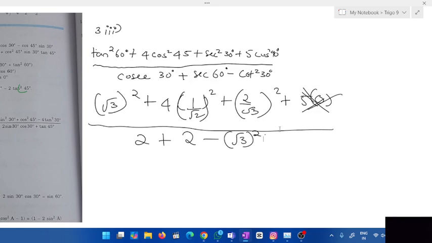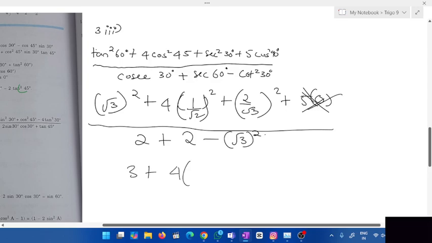Students, done? What is root 3 the whole square? 3 plus 4 into half plus 4 into 3 by 4. Then the denominator, 4 minus 3. 4 minus 3 is 1, right? Yes, sir.